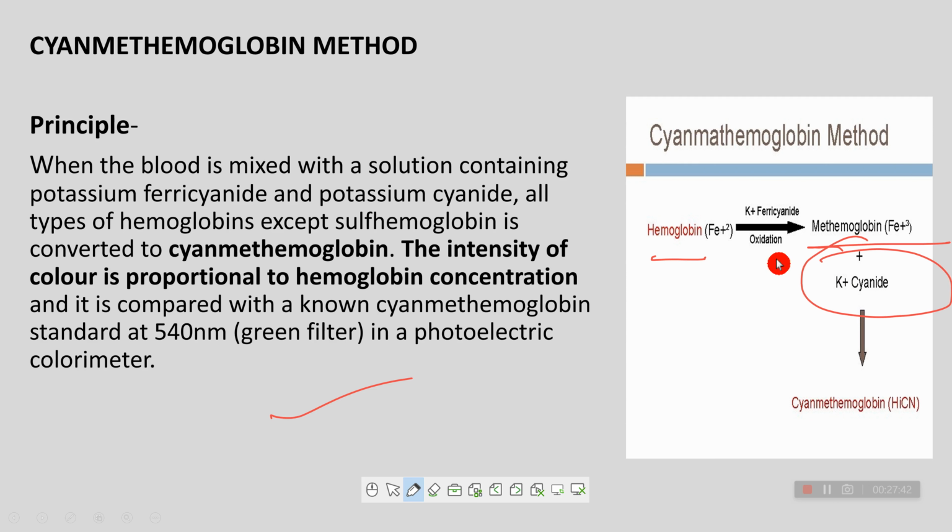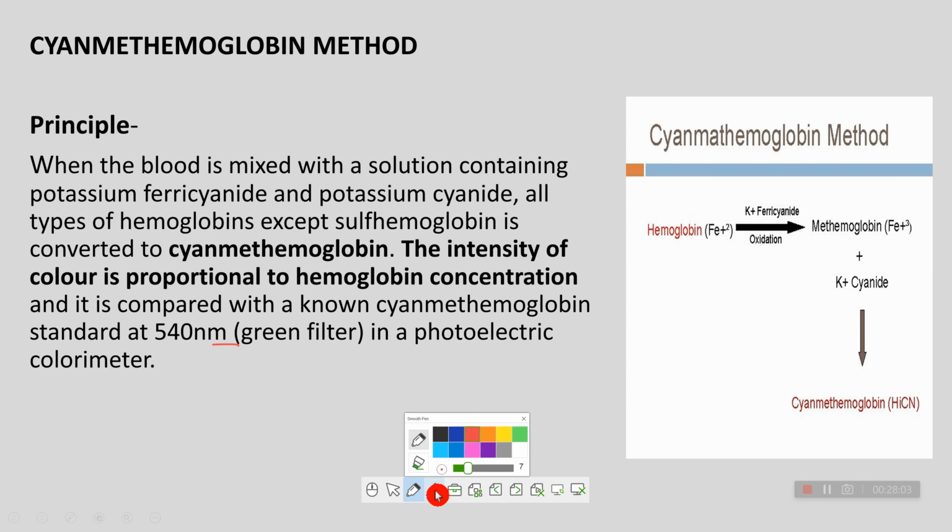The potassium cyanide again reacts quickly with the methemoglobin and converts it into cyanmethemoglobin, which is a light pink colored compound. The intensity of this compound is then measured at 540 nanometer in a colorimeter.